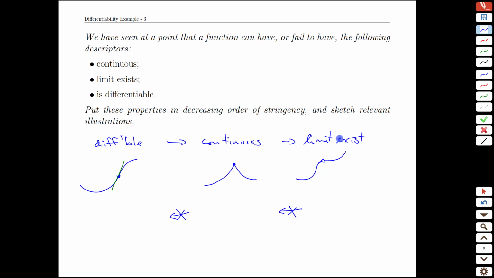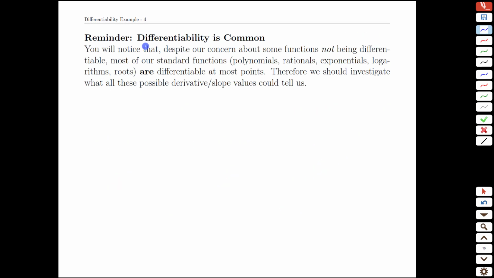It's possible to have the limit exist and not be continuous, or it's possible to be continuous at a point but not be differentiable. Now, an important note after focusing on all these odd cases: at the end of the day, it is really, really common to have functions that are differentiable everywhere or almost everywhere. This function has slopes anywhere you care to pick. There's no problem there.